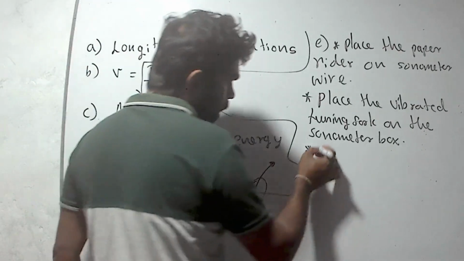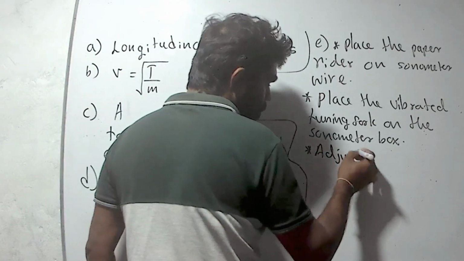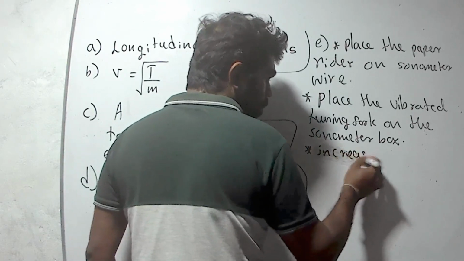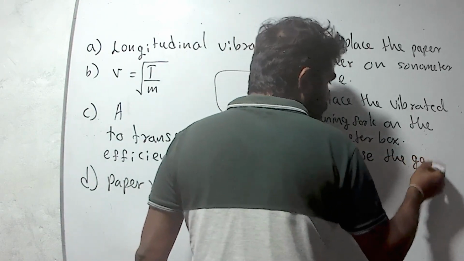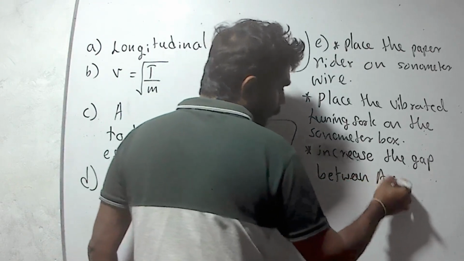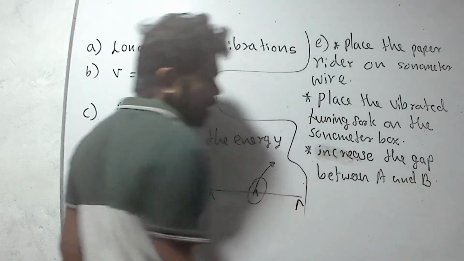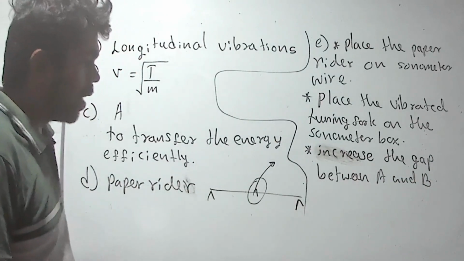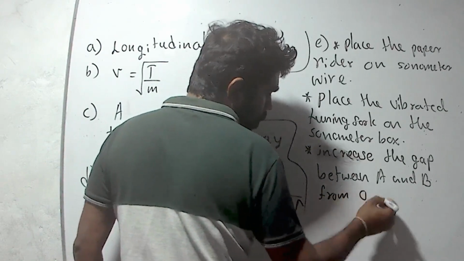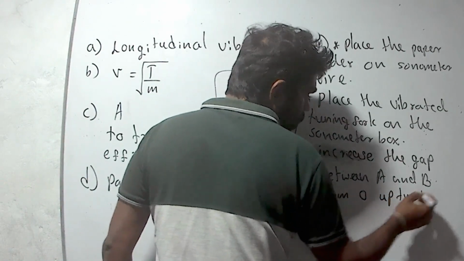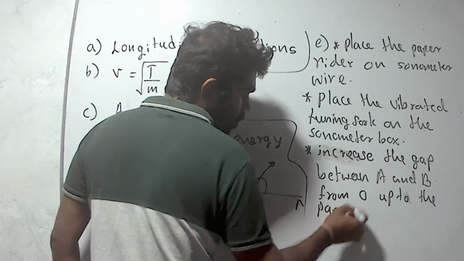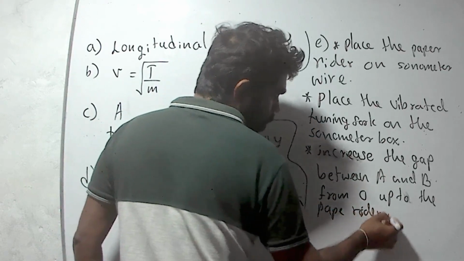Then we can write: adjust or increase the gap between A and B, where A and B are the bridges, from zero until the paper rider is moving away.